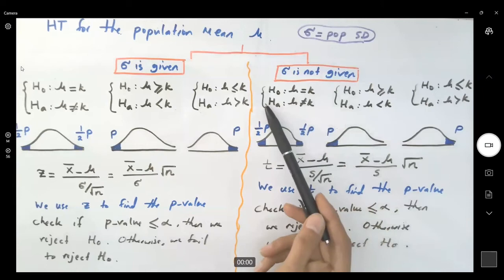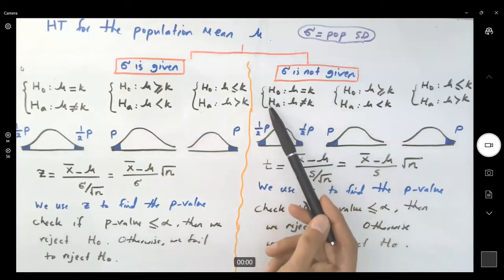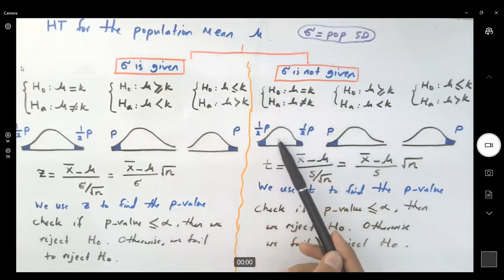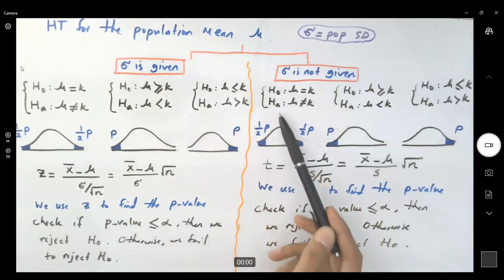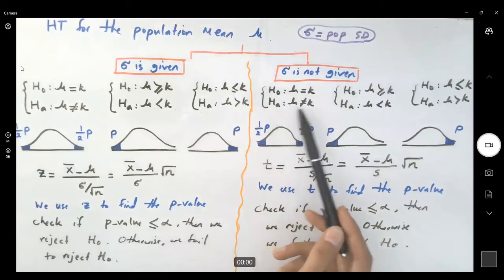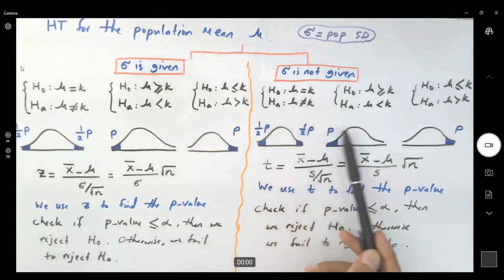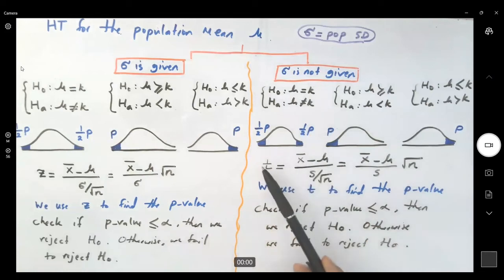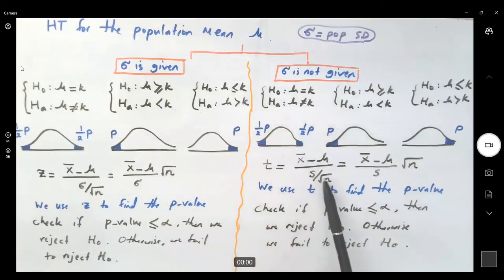In the very first step, we need to form the null and alternative hypothesis and recognize the graph associated with them. Then you're going to use t, which is x bar minus mean, divided by s over square root of n, where s is the sample standard deviation.